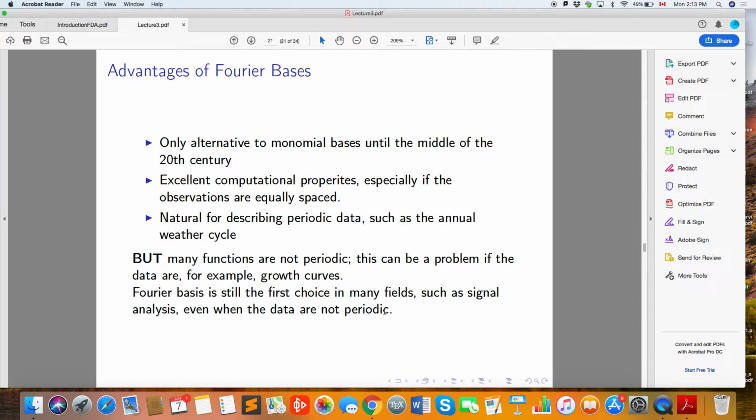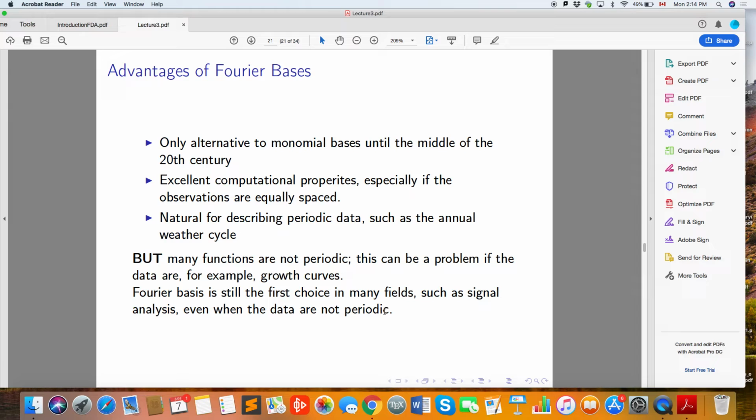Okay, and the Fourier basis functions actually have a long history. They were the only alternative to monomial basis functions until the middle of the 20th century. They have very nice computational properties, especially when the observations are equally spaced.